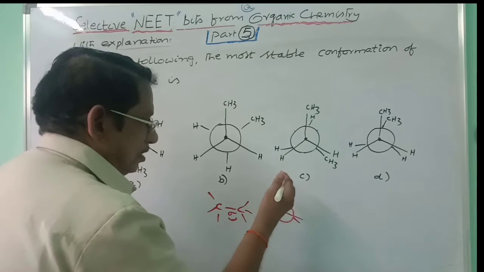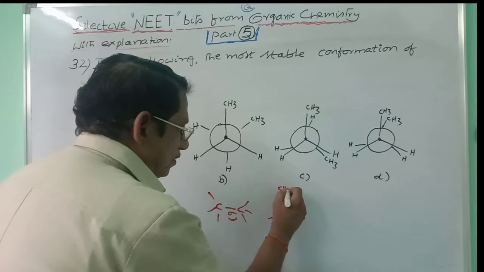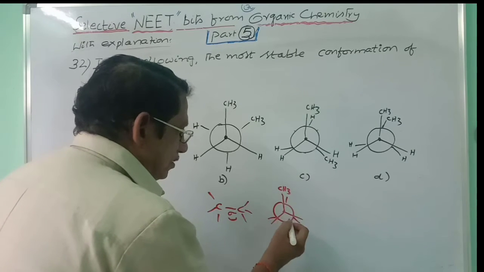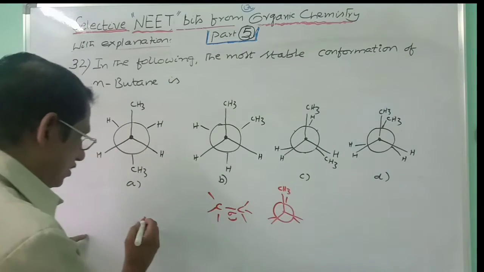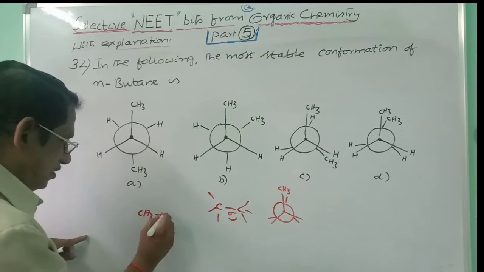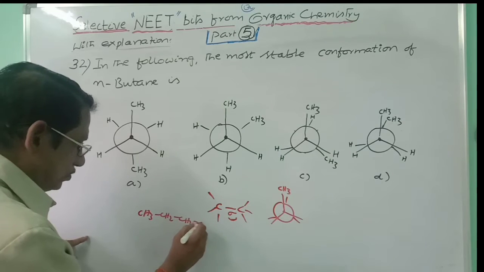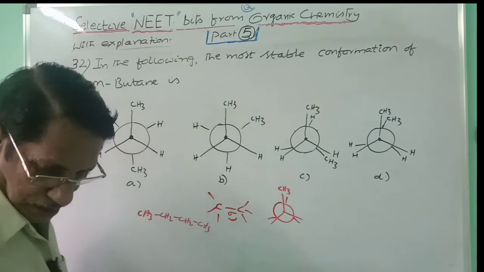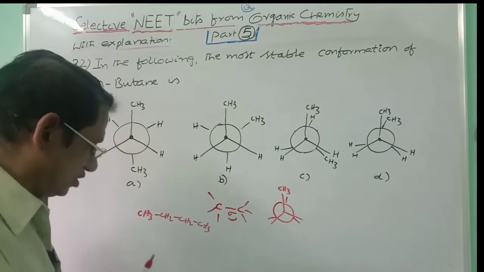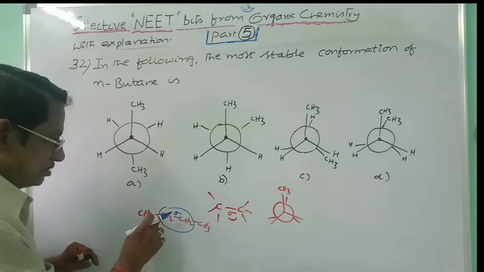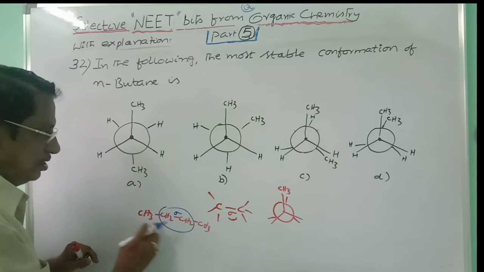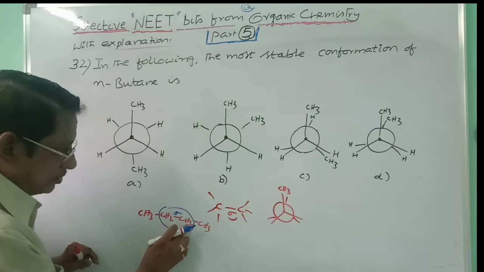One group you are writing here, and the other carbon is also carrying a CH3 group, because it is CH3, CH2, CH2, CH3. This is normal butane. And you are taking the sigma bond rotation about this bond. This carbon is carrying 2 hydrogens and 1 CH3. This carbon is also carrying 2 hydrogens and 1 CH3.